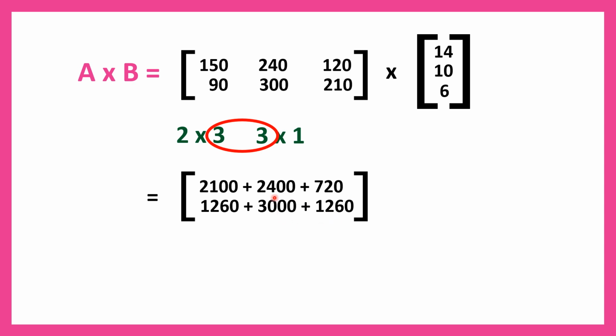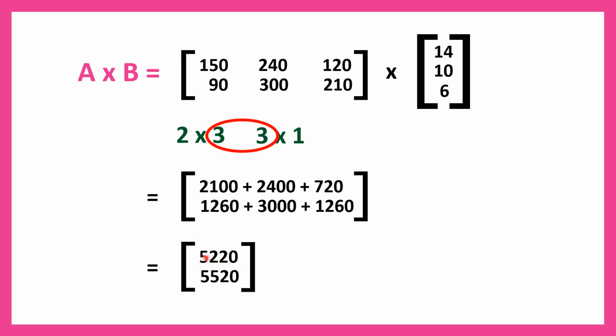Now we get a matrix with only a single element in the first row and a single element in the second row. This is the resultant matrix, a matrix of 5220, 5520. So, when we multiply a 2 by 3 matrix with a 3 by 1 matrix, we get a matrix with 2 rows and 1 column.